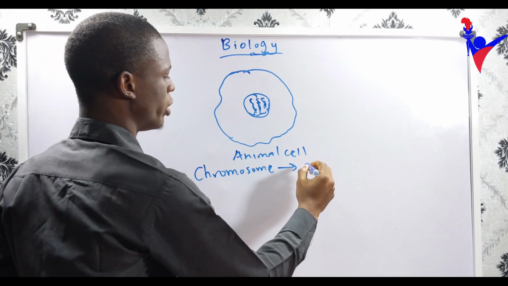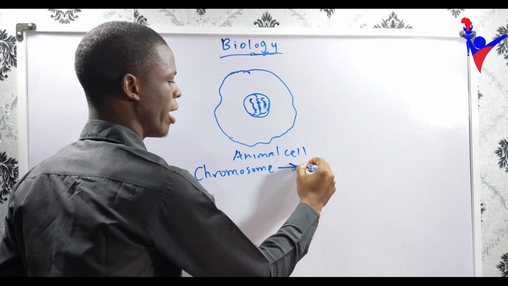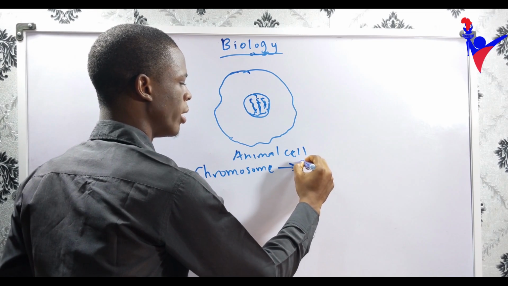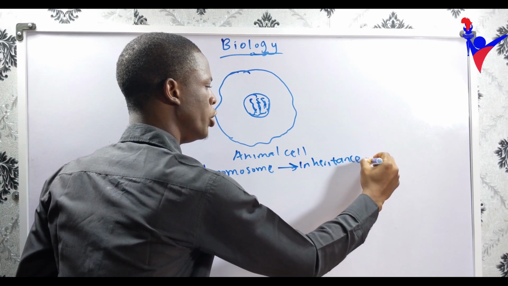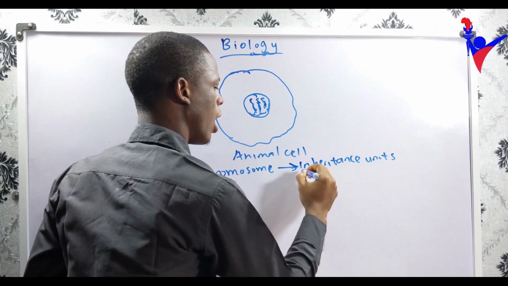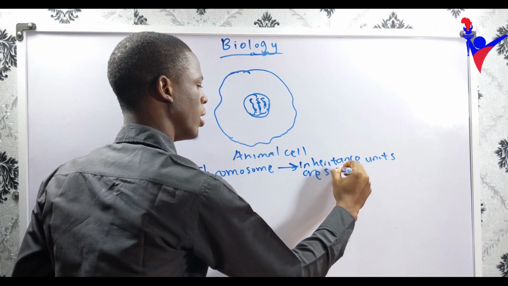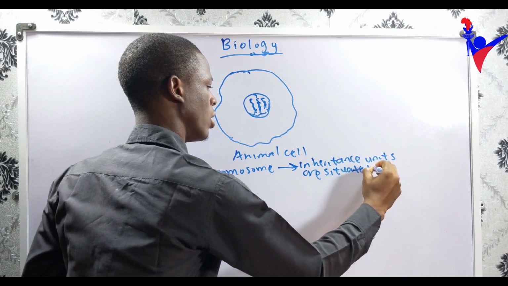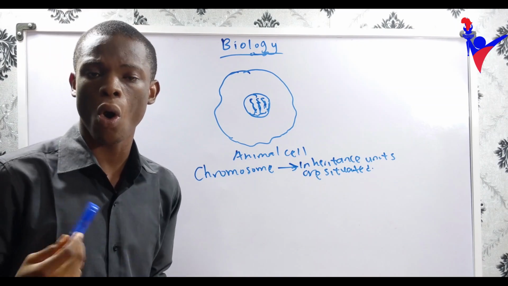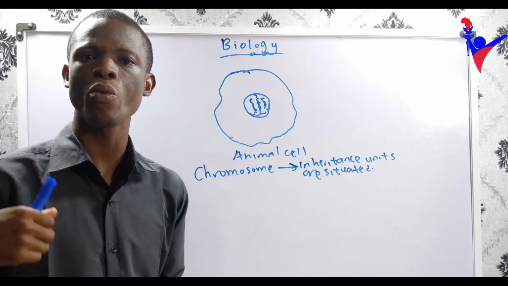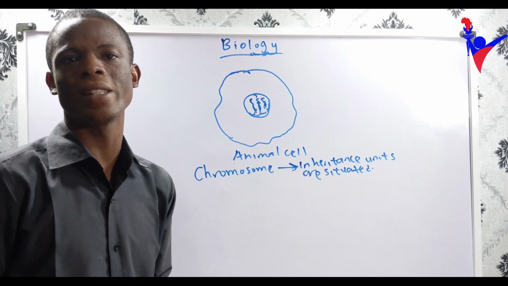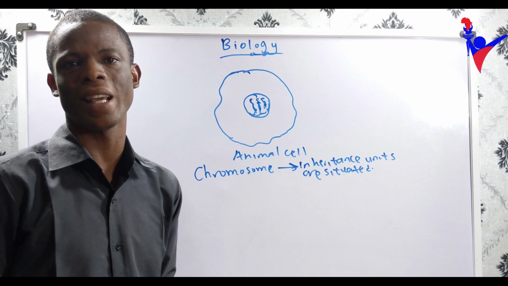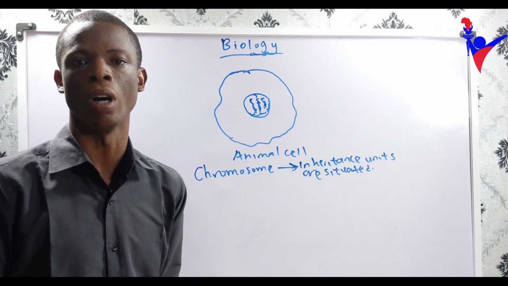The chromosome is a structure on which the units of inheritance are situated. And mind you, these units of inheritance are responsible for everything that characterizes an individual.